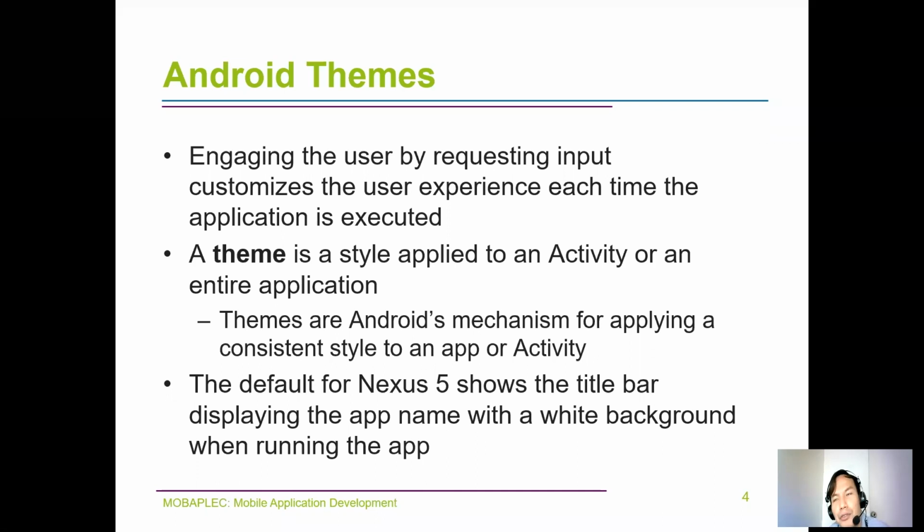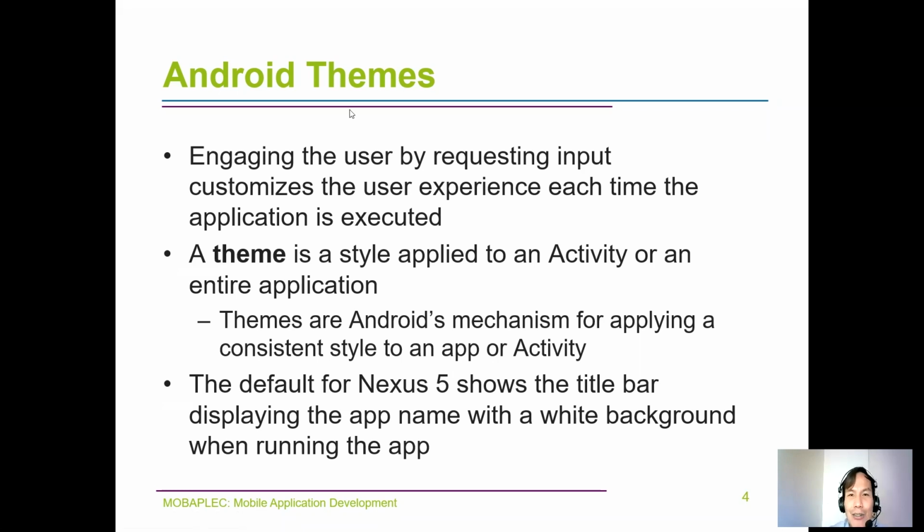It's up to the user what particular theme he or she needs to select in order to execute the applications. That's how Android themes work. By definition, this is the Android mechanism for applying consistency in terms of the style of the different activities, meaning not only one activity, but more than one activity.